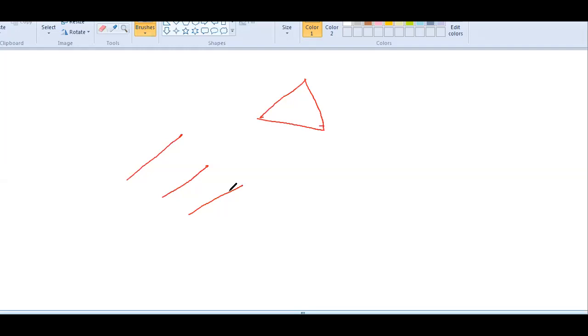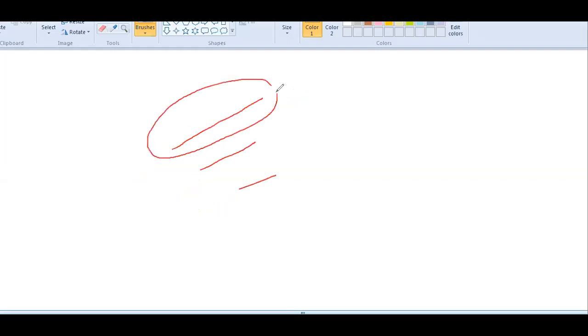Okay, I will explain. Suppose we have 3 lines. This is one line, this is one line, and this is one line. Suppose this line is bigger than the sum of these two lines. Is it possible to make a triangle out of it?